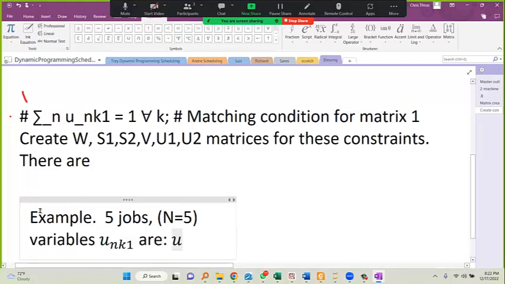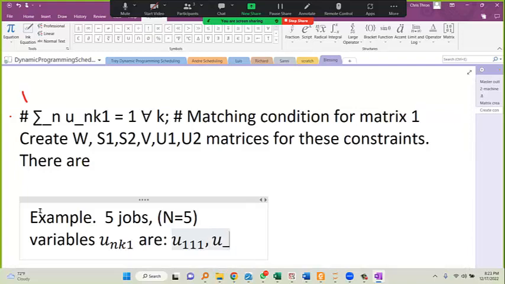Okay, so continue. U121. U131. U141. U151.